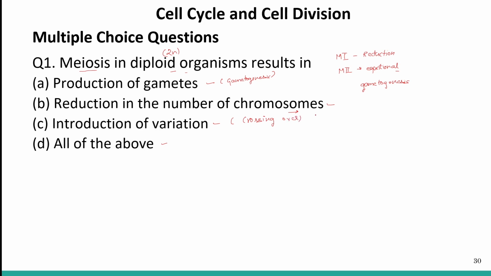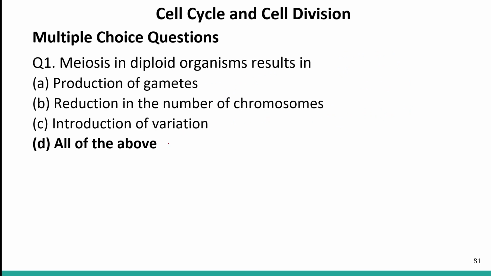This crossing over takes place during the pachytene stage of prophase 1 of meiosis 1. So what should be the answer? The answer should be all of the above. Meiosis is involved in production of gametes, reduction in the number of chromosomes, introduction of variation due to crossing over. So the answer will be D, all of the above.